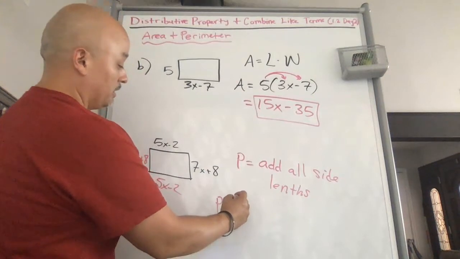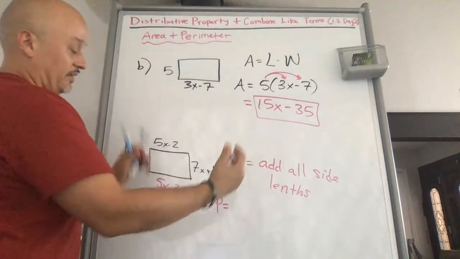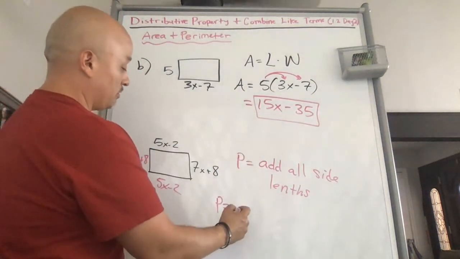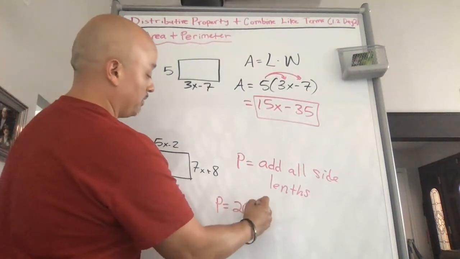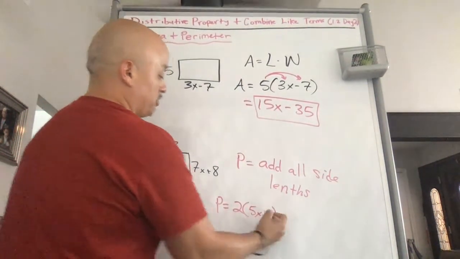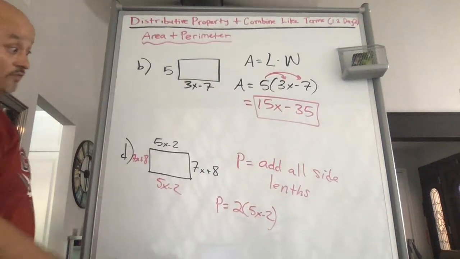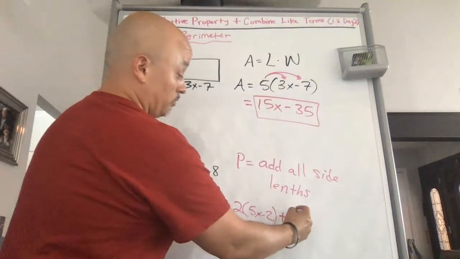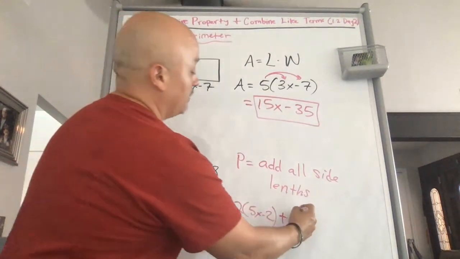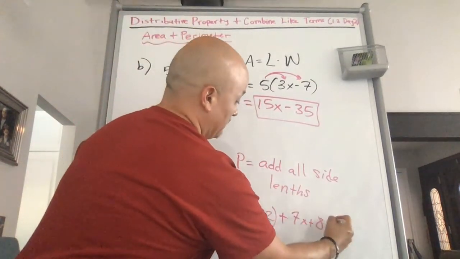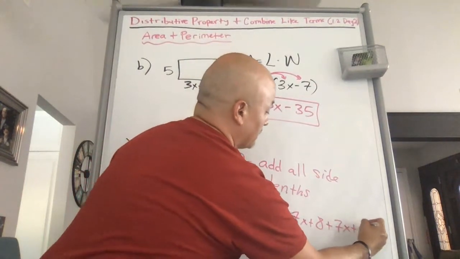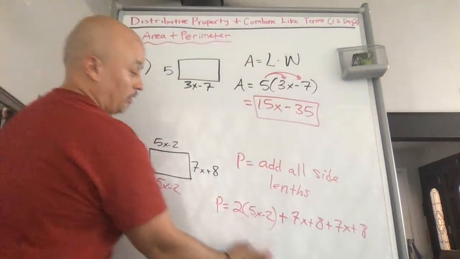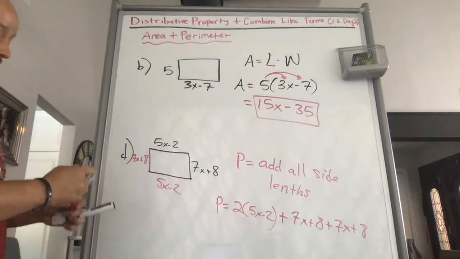You could be like 2 times 5x minus 2, right? You could do it that way. So however you want to do it, if you want to do it this way where you distribute, because there's 2 of those, or if you just want to add up all the sides, right? So for the 7x plus 8, I could go 2 times 7x plus 8, or I could just list it twice, right? It's going to be the same thing if I go 2 times the length, or if I just write it down twice.